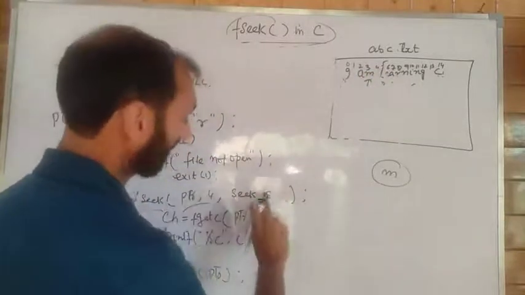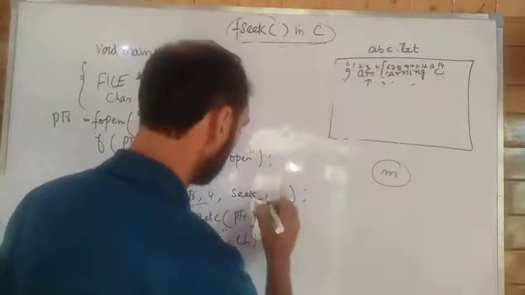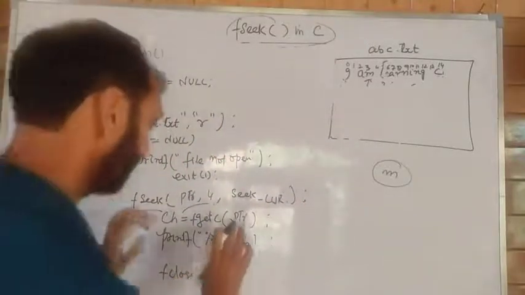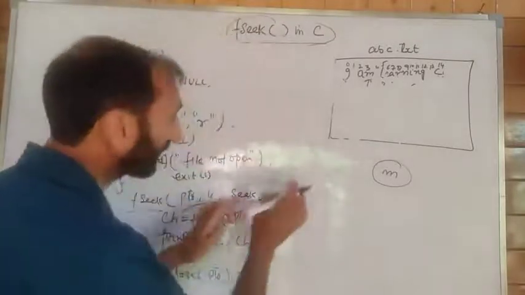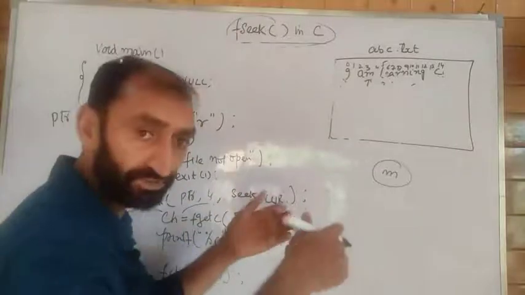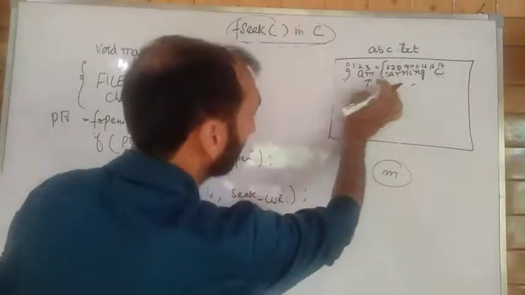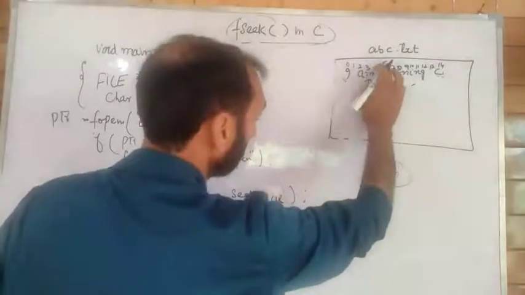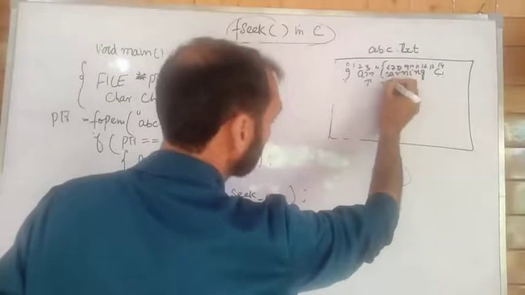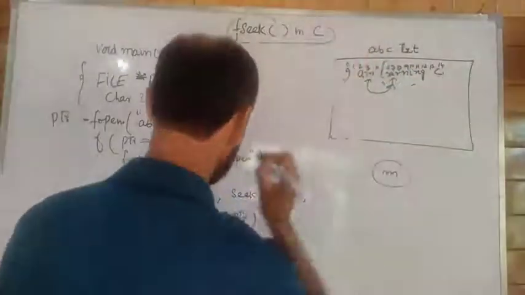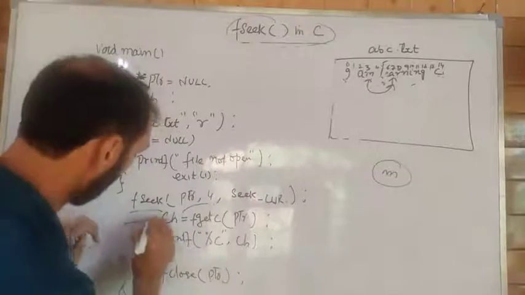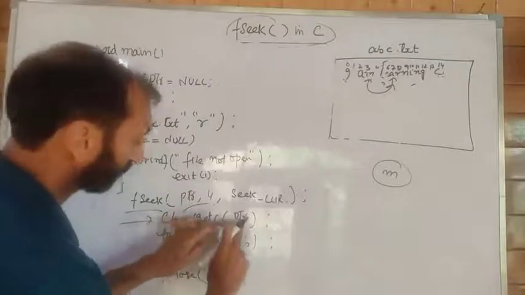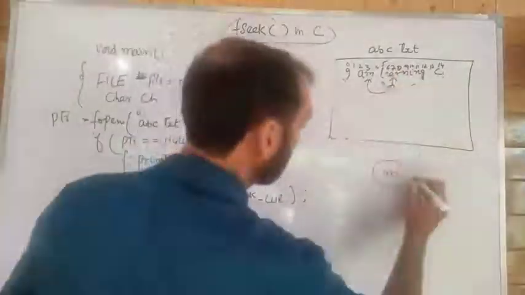SEEK_CUR will move the cursor 4 bytes forward from the current position. At this moment, the cursor is at position 3. 4 bytes: 1, 2, 3, and 4. That means A. Now the cursor would be here. If we print after execution of this line, what will get printed? Now this A will get printed.